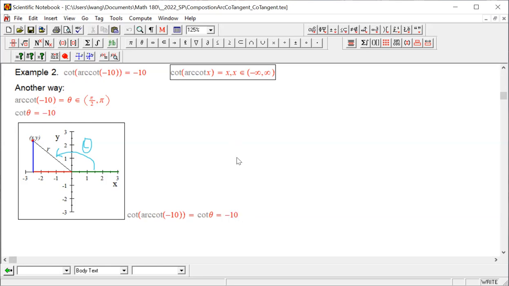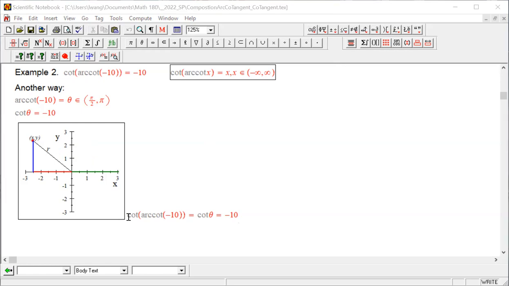So I still get the same answer, but going through a process where we apply the domain and range and our knowledge about cotangent and arc cotangent in particular. I hope that makes sense.